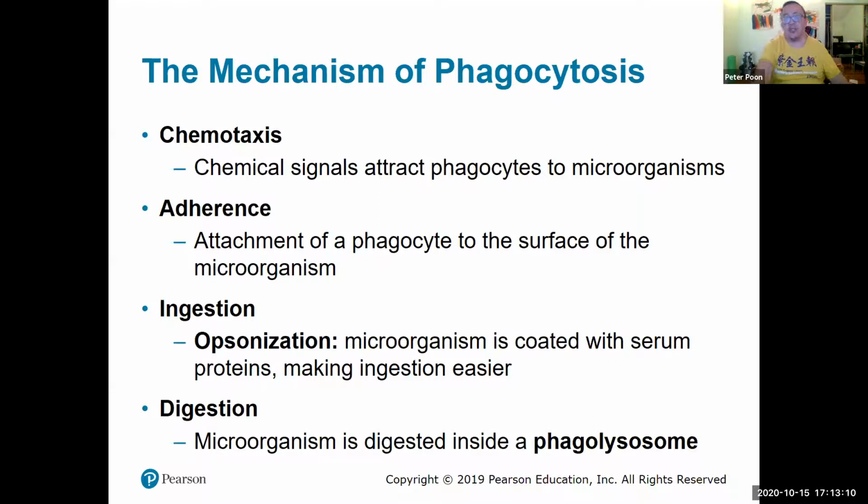And in digestion, the microorganism is digested inside a phagolysosome. So what happens is the ingestion is the wrapping around of the organism, and it becomes put inside a phagosome. To the phagosome, you attach a lysosome and it becomes a phagolysosome. The lysosome has a lot of chemicals that are designed to break down the bacteria.